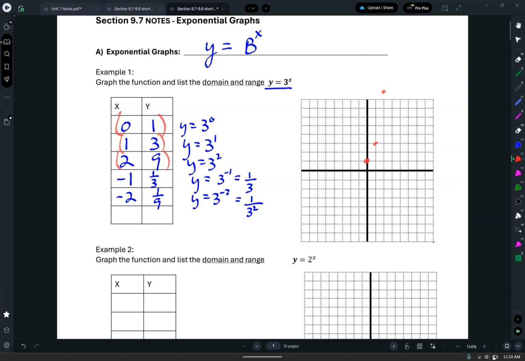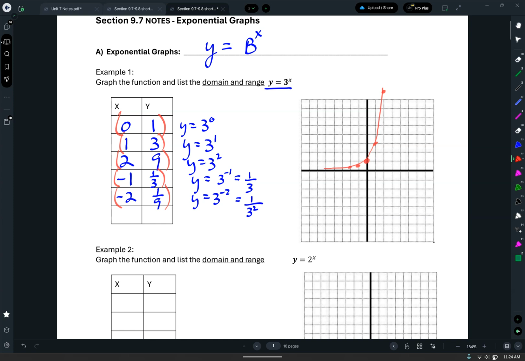And at -1, the y value is 1/3, so we're just going to guesstimate what 1/3 would be. And at -2, the y value is 1/9, so that means it's just barely above the x-axis. And if we were to connect those, the graph would look something like this. It goes through those points, something like that.